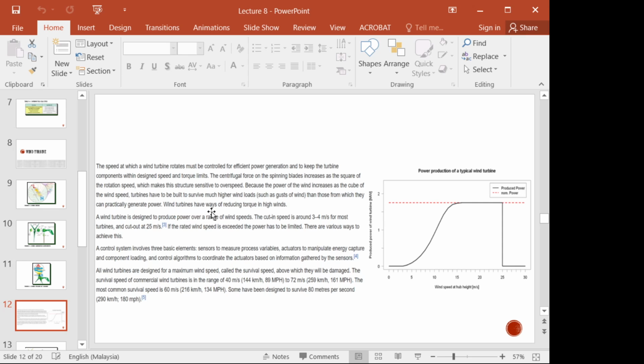And wind turbines have ways of reducing torque in high winds.